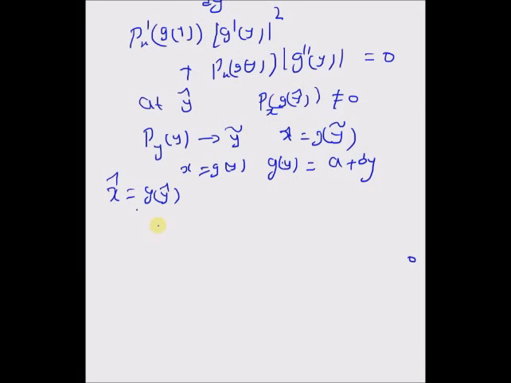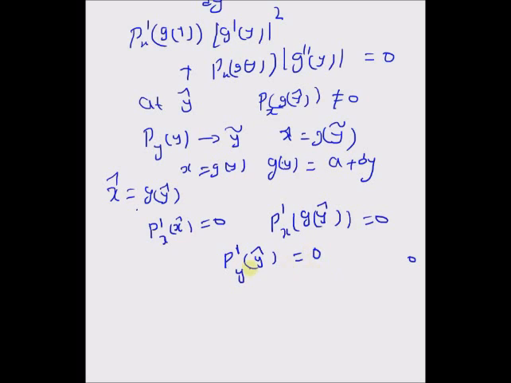That is, at x hat and y hat, the derivatives of the probability densities, that is p dash of x hat is equal to 0, and similarly p dash of g of y hat is 0, and also the derivative of p of y hat is 0. This is only true for a linear transformation.